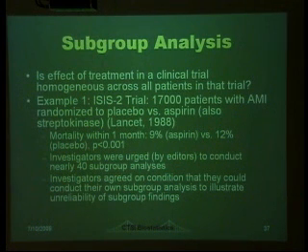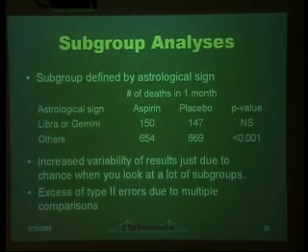But the investigators were urged by the editors of the journal they were submitting to to conduct nearly 40 subgroup analyses. The investigators actually agreed on condition that they could conduct their own subgroup analysis to illustrate the unreliability of the subgroup findings. So here's the subgroup analysis that they added: astrological sign, okay?